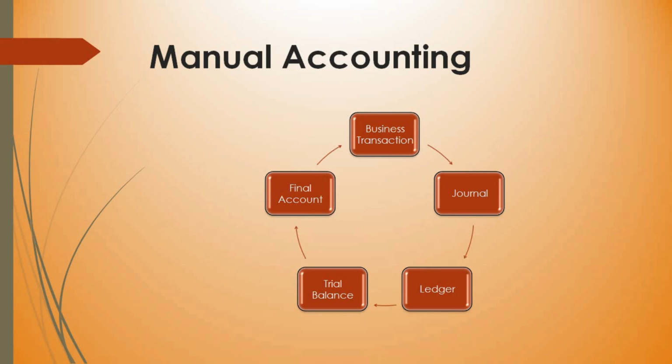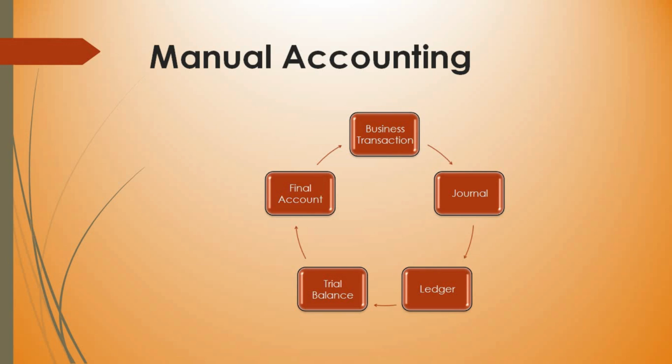From the trial balance, the two main financial statements, that is your final accounts, will be prepared: the profit and loss account and the balance sheet. Profit and loss account will help you to know whether the business is running in profit or in loss, and the balance sheet will help you to know the financial position of the business. So this is how manual accounting takes place.